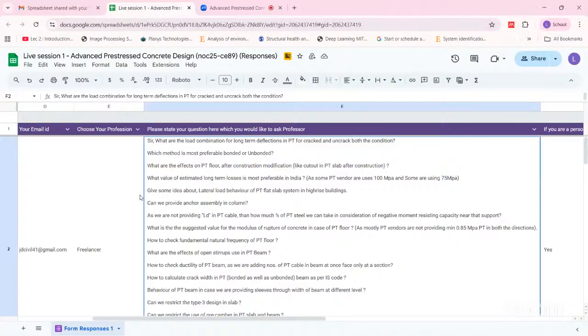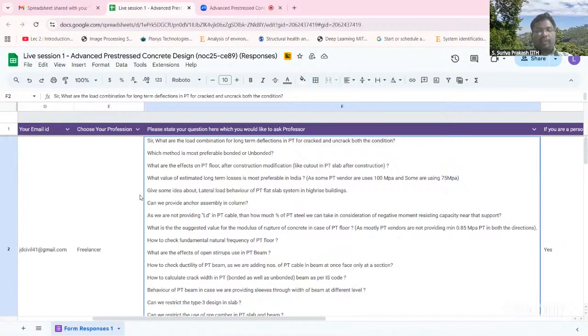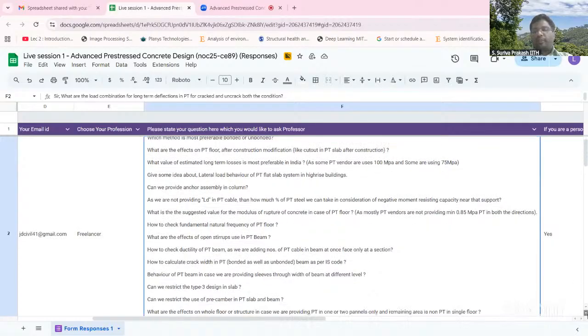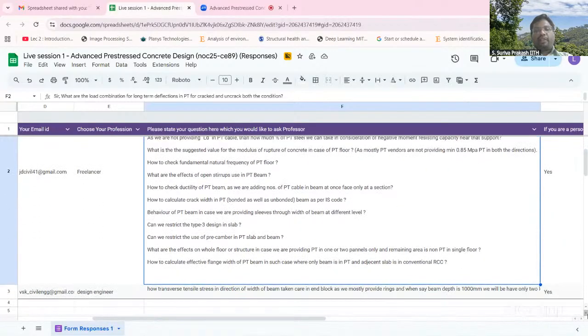Very good. Okay, so the next one is how to check the ductility of a PT beam, as we are adding numbers of PT cables in the beam at one phase only at a section. See, ductility is measured in multiple ways. Typically in design, we do a cross-section analysis, right? In cross-section analysis, you look at a cross-section and you know the amount of PT steel that you have.